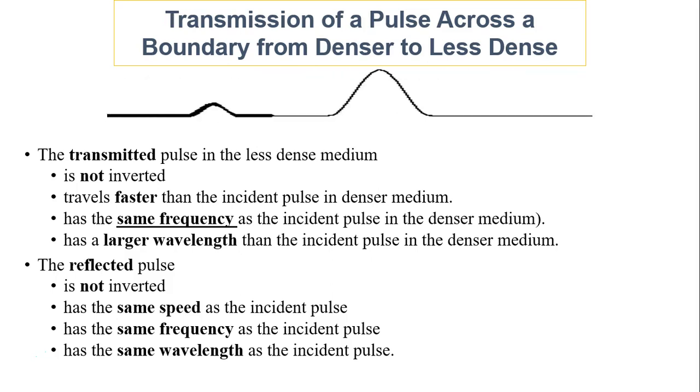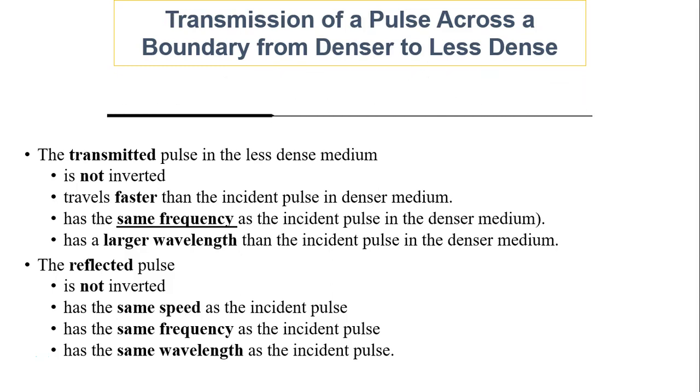It has the same frequency because the source is the incident wave, but it has a larger wavelength. That is because its speed is bigger. Remember, wave speed equals frequency times wavelength. Since wave speed increased and frequency remains the same, wavelength has to increase.